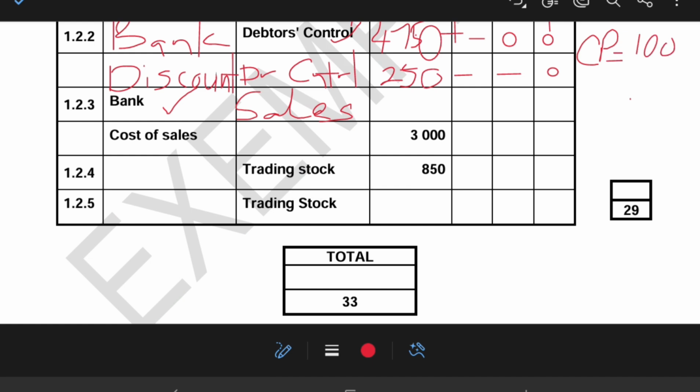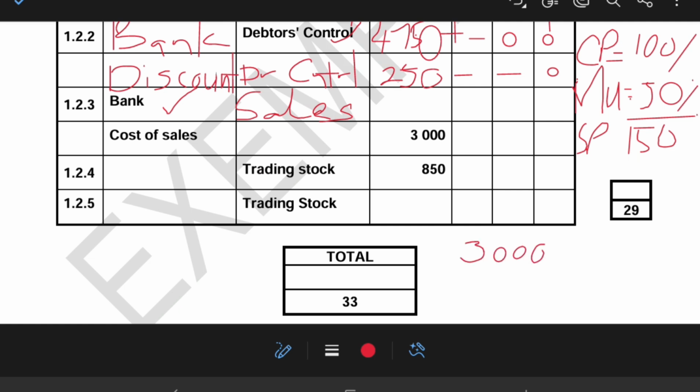Then we are told in this case that our markup is 50%, which automatically means that our selling price is going to be 150%. So let's take, for example, what we were told. We were told that the cost price was 3,000. Now, markup, which is 50% of that, is going to be what?